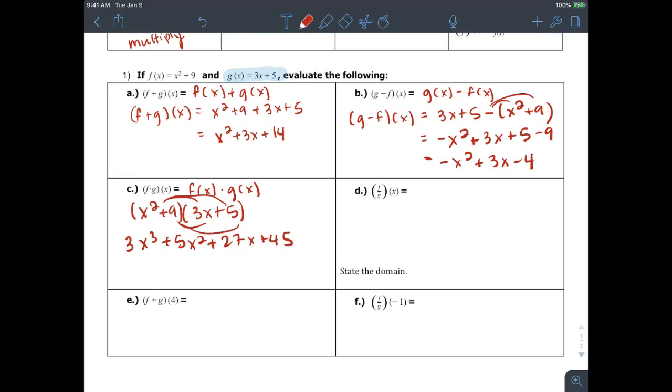The next, f over g, order matters here. So we get f of x over g of x. (f over g)(x) is equal to x squared plus 9 over 3x plus 5.